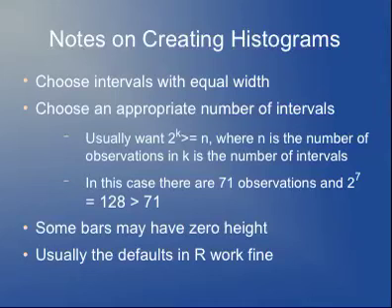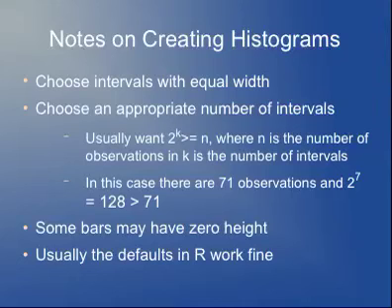The usual rule of thumb is that you want the smallest k such that 2 to the k is greater than or equal to n, where n is the number of observations and k is the number of bins for your histogram. For the chicken weights data, there are 71 observations, and 2 to the 6 is 64, which is less than 71. 2 to the 7 is greater than 71, so it chooses 7 bins. And even then, you'll end up with bars that have a height of 0 sometimes, which is kind of annoying.